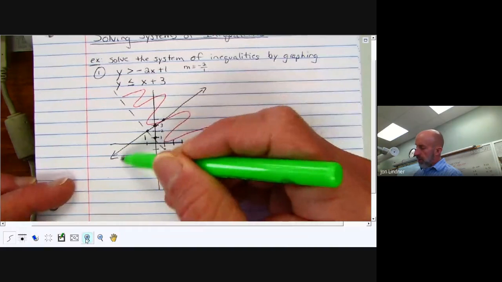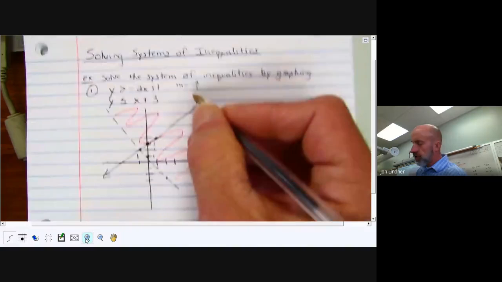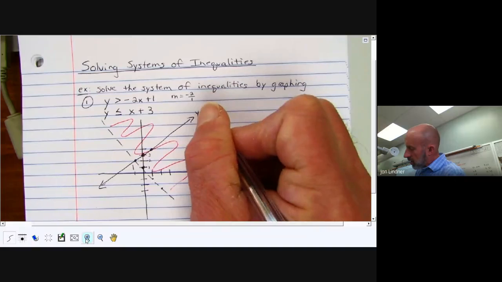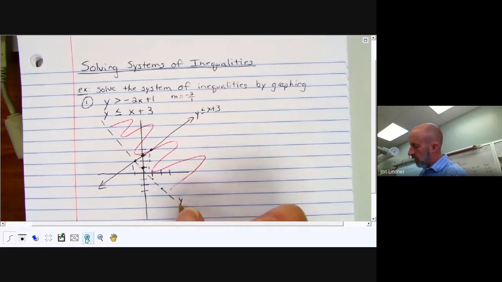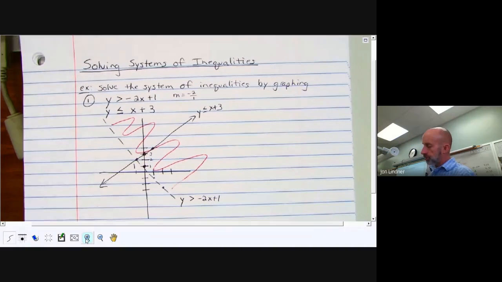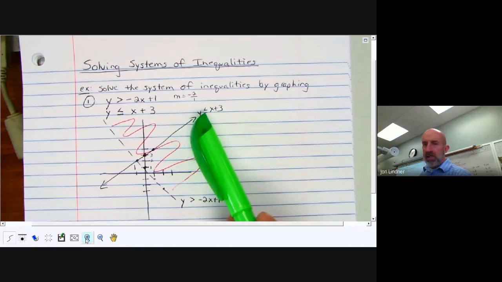And if I shade below, and by the way, I should probably label these lines. This one is the less than or equal to x plus 3. This one is the greater than negative 2x plus 1. All right. So this one is less than.